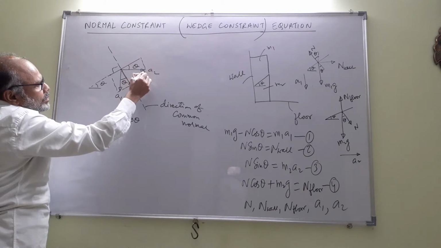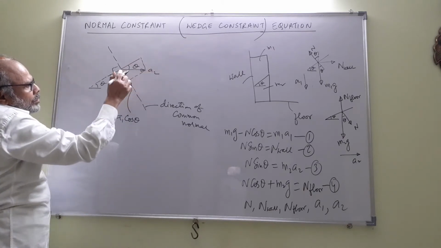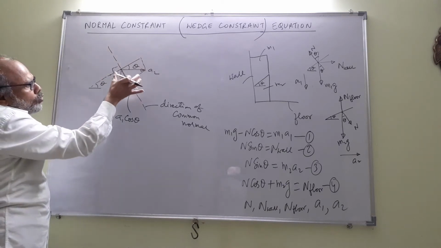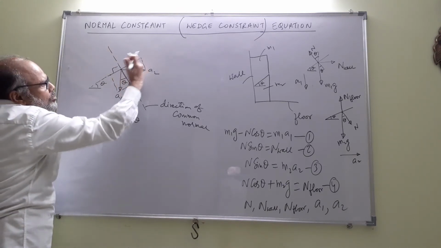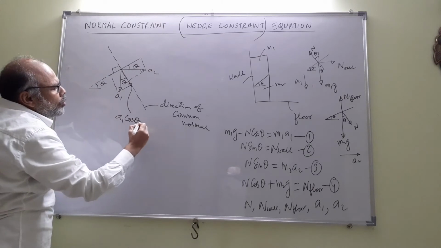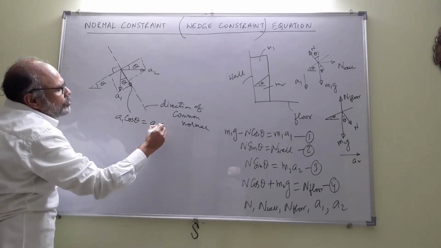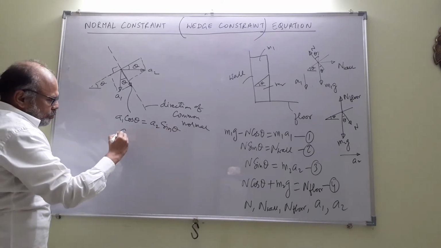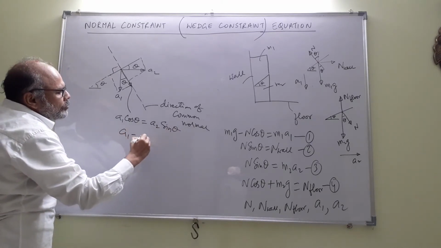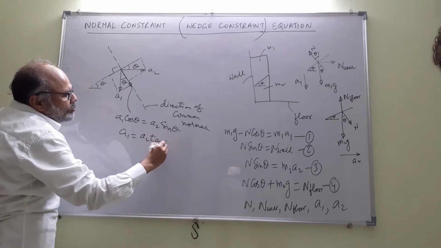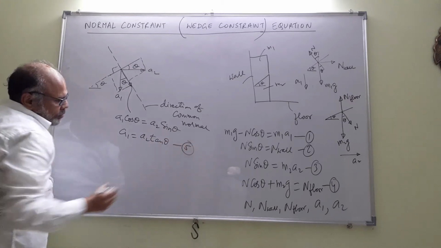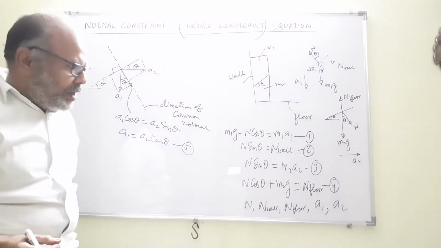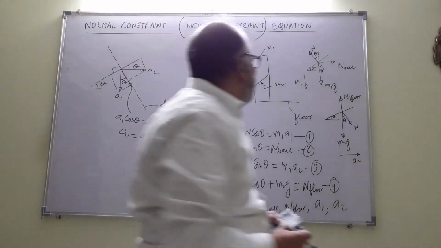Similarly, if you complete this rectangle, the component of A2 along the common normal would be A2 sin theta, the opposite side. So A1 cos theta must be equal to A2 sin theta, or basically we have A1 is equal to A2 tan theta. That will be the fifth equation. So there are 5 unknowns and 5 equations. We can easily solve for them.